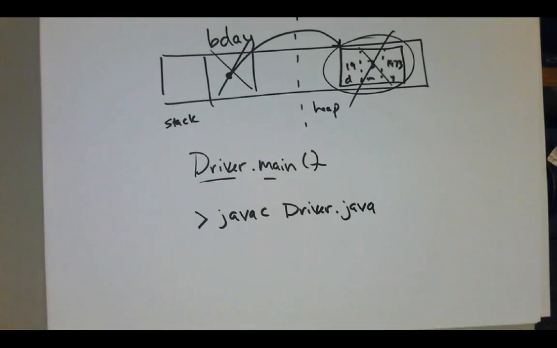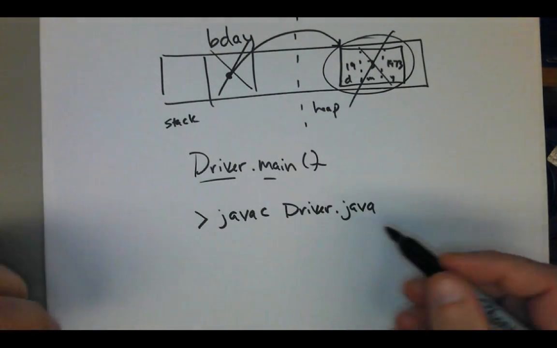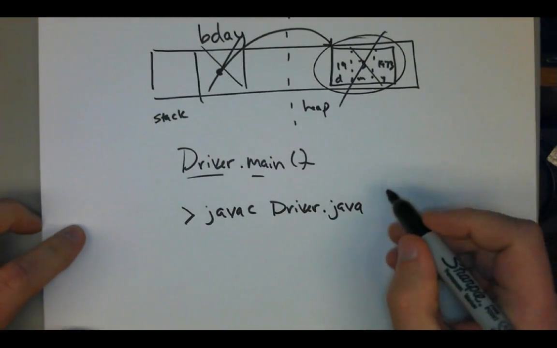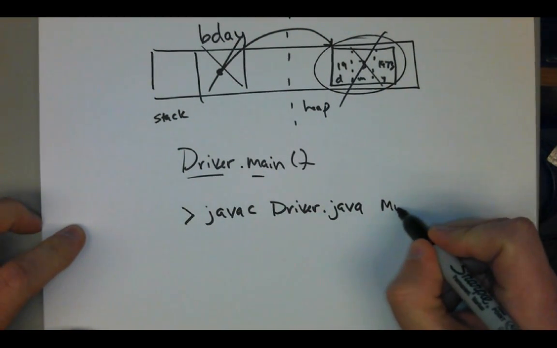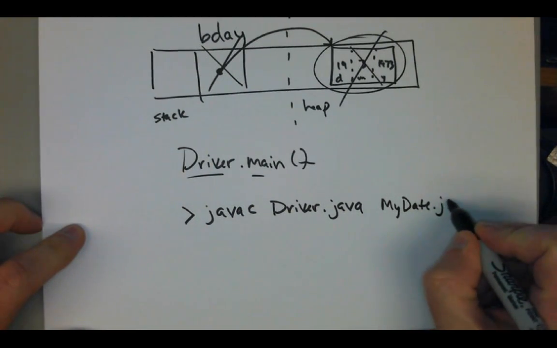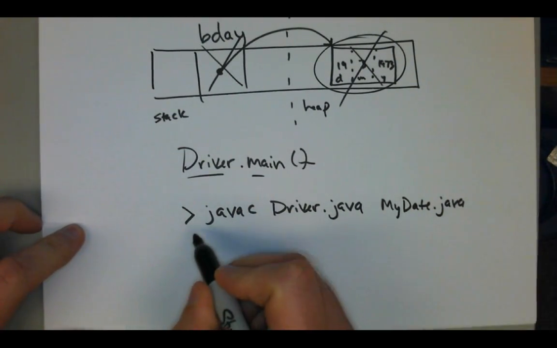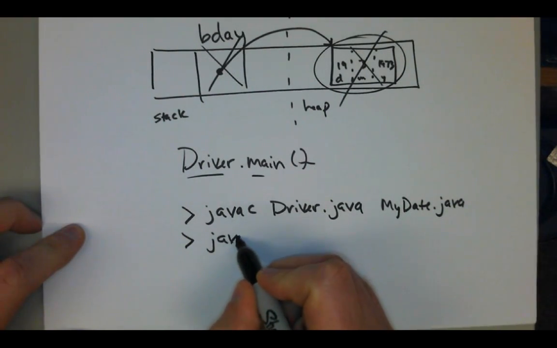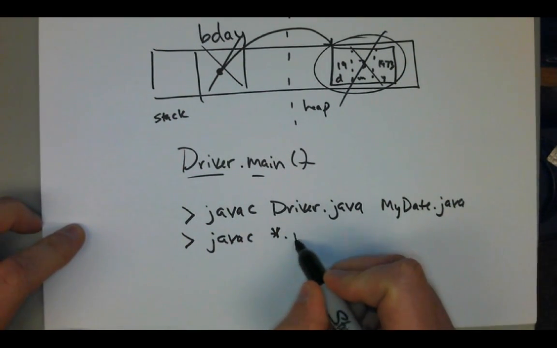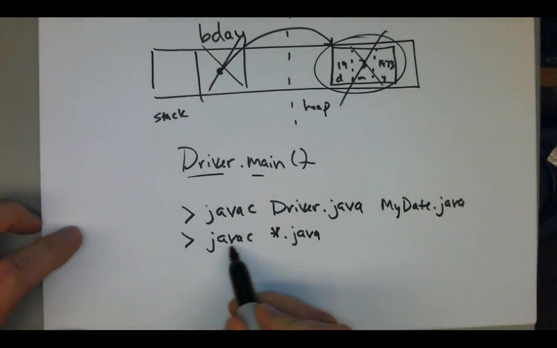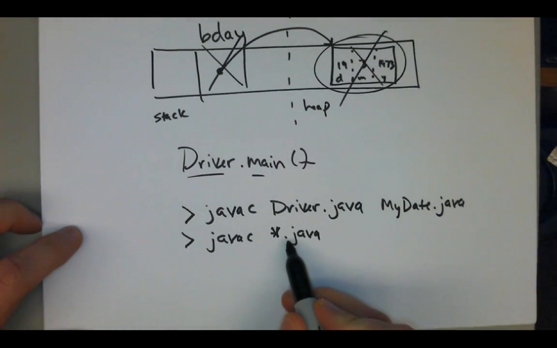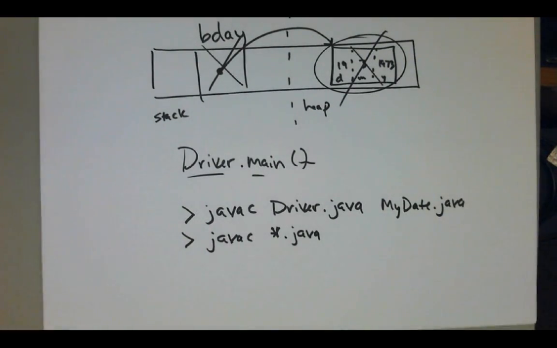That would compile the driver and create some .class files. If I wanted this program to work, I'd have to also include the MyDate class. So what I tend to do, when I'm working from the command line, is say *.java. It says compile every file in this directory that ends with the .java extension.